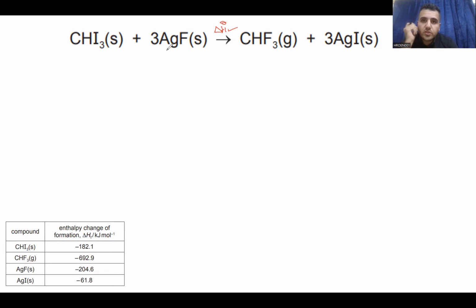Okay, even me, I don't know which delta H this is. The second step was to write the elements that make this reaction. So which elements make the reactants or the products? Okay, so I will select the reactant side this time.